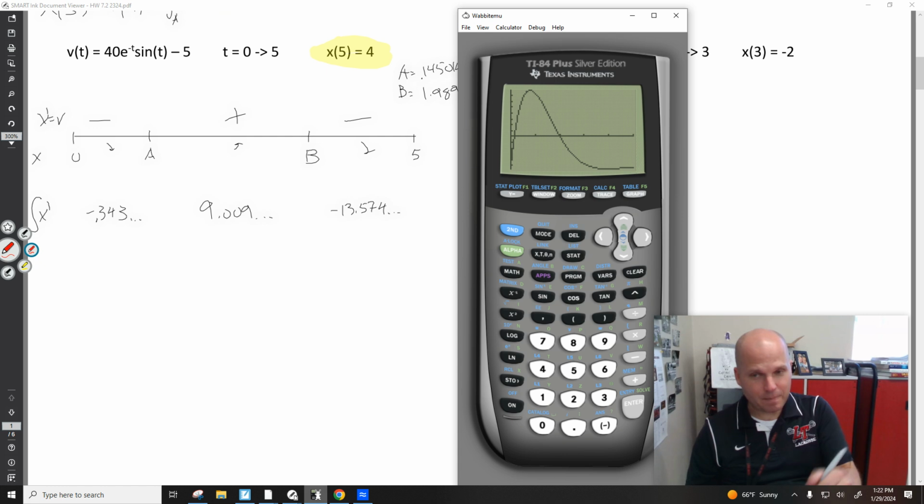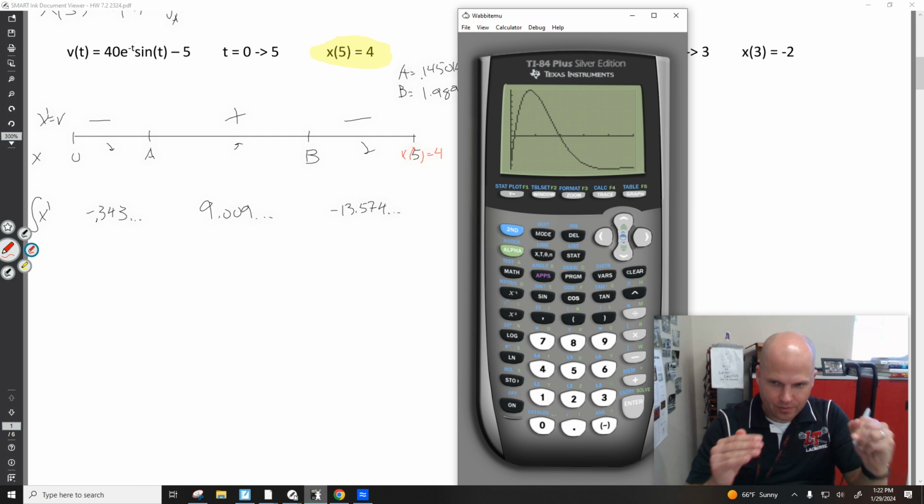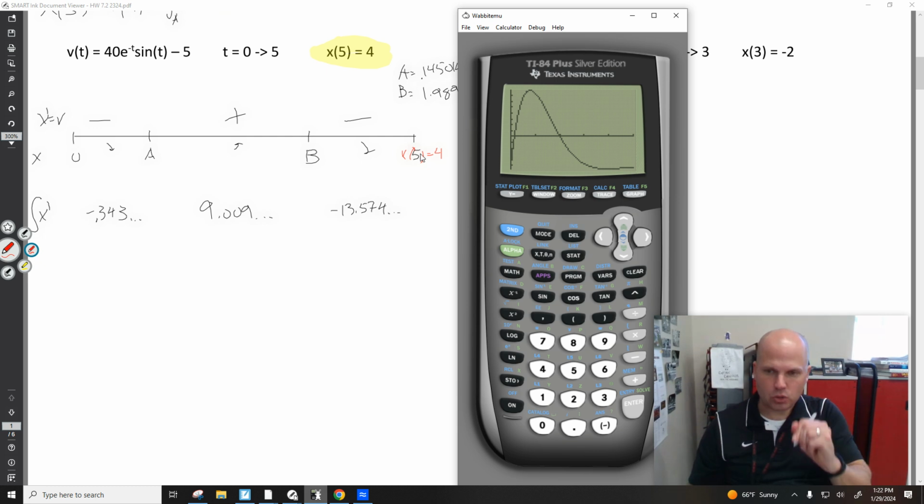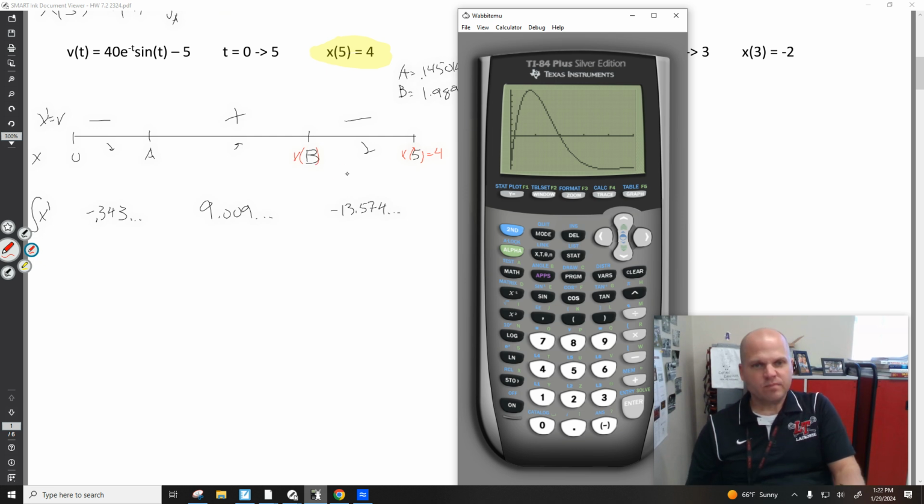Now, what am I given? X of 5 equals 4. Let's think about this. What if I were to go backwards to find x at this 1.989? Well, I have to take this value, subtract negative 13 to get the position of 4.